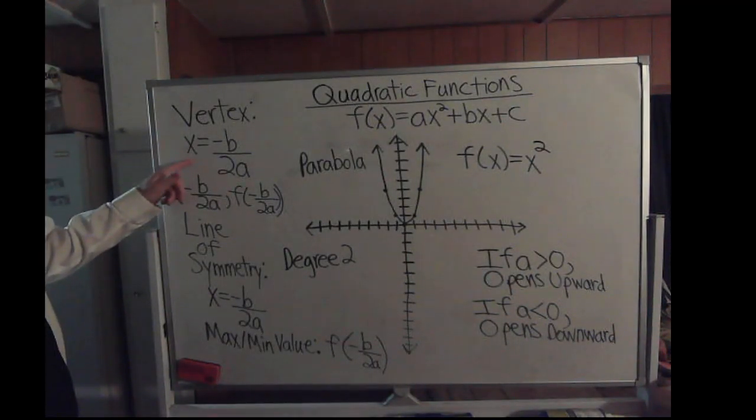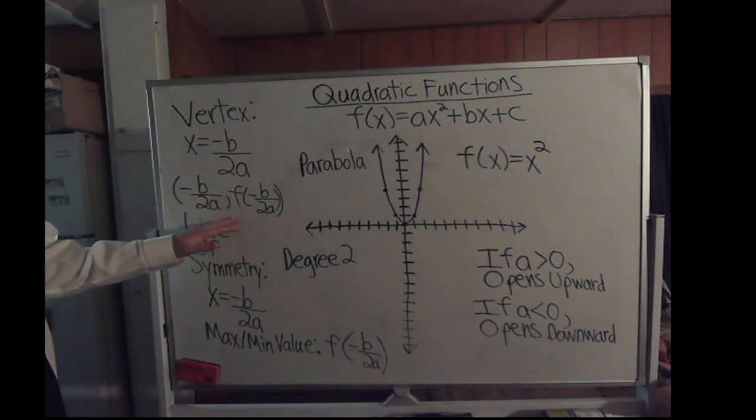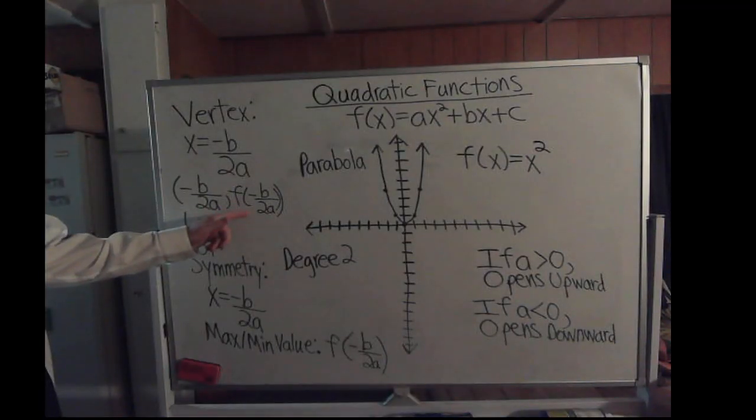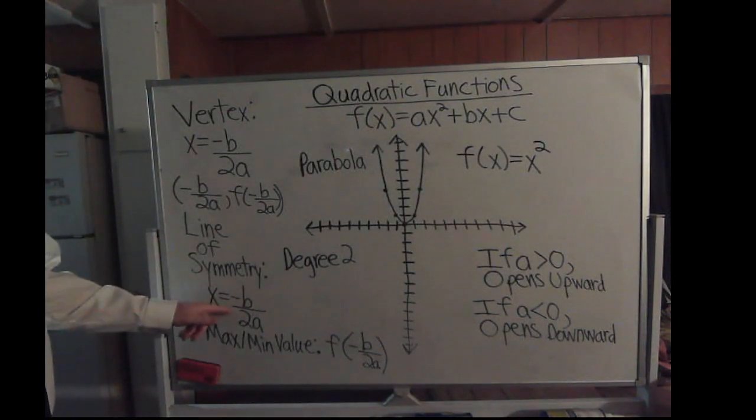That'll give you the x coordinate of the vertex. To find the overall coordinate of the vertex, you keep the negative b over 2a. Your y coordinate is f of negative b over 2a. Then you have what's called the line of symmetry, which is also x equals negative b over 2a.